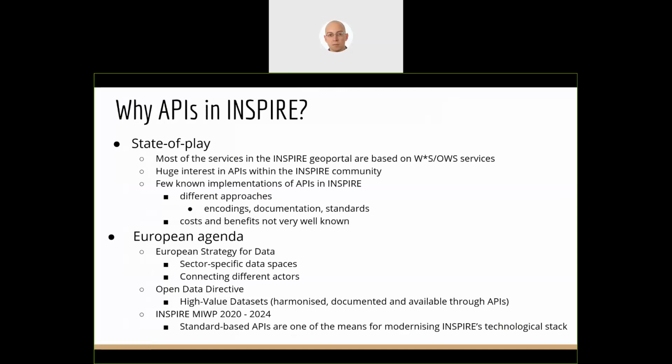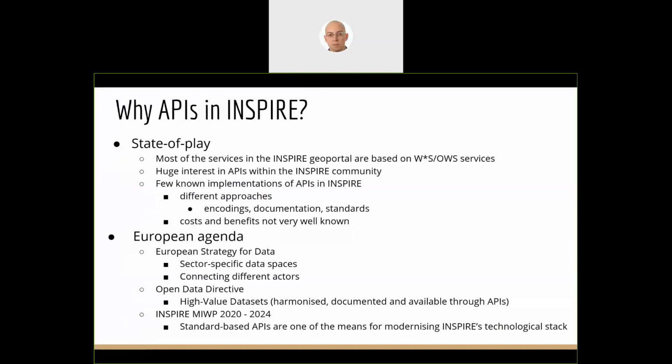So why APIs in Inspire? First of all, if you look at the majority of the download services that are made available by member states in the Inspire Geoportal, you would see that they are actually following this previous version of standards. So you see a lot of WFSs, quite a few Atom feeds, but not so many APIs. At the same time, there is lots of interest in APIs by the Inspire community.